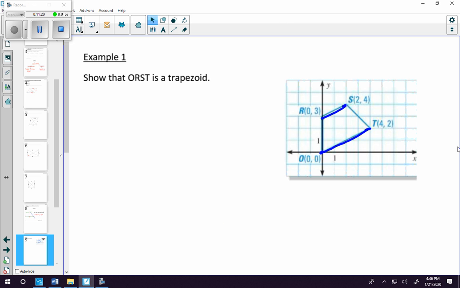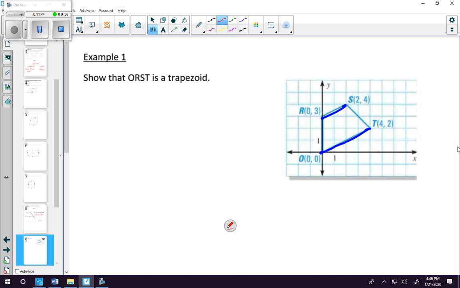What I'm going to help you recall from algebra is that if two lines are parallel, their slopes are the same. So if we can show that those two blue segments have the same slope, then those two segments are definitely parallel.